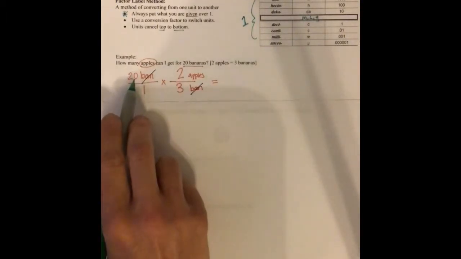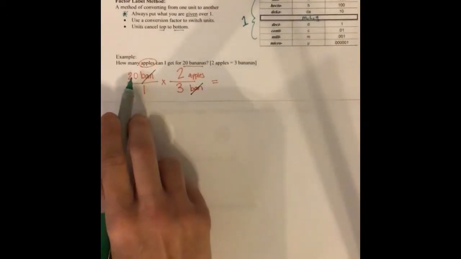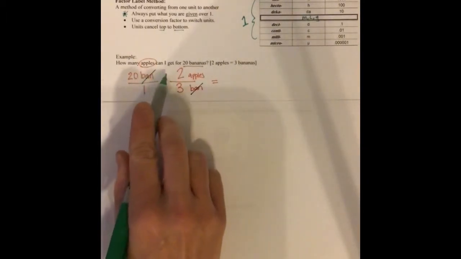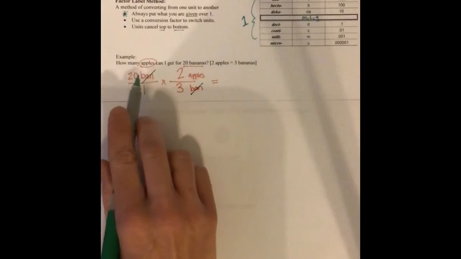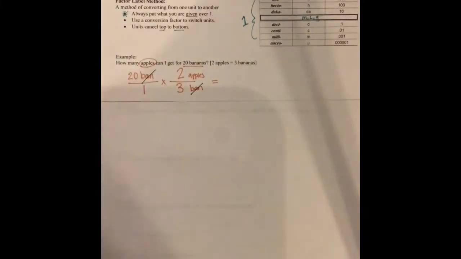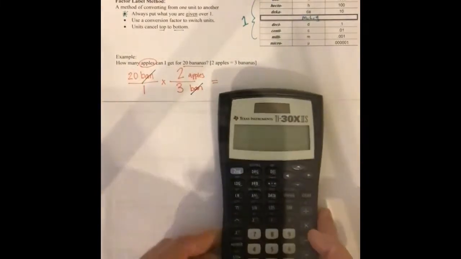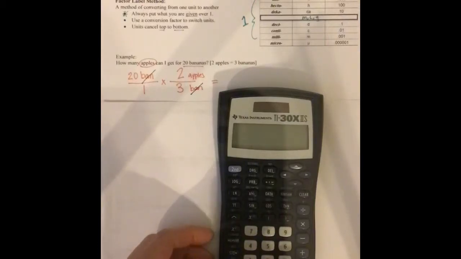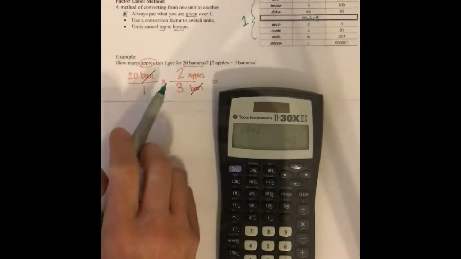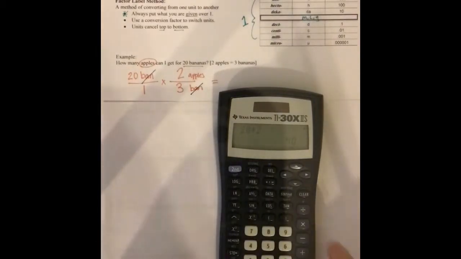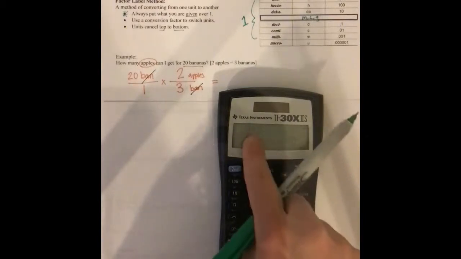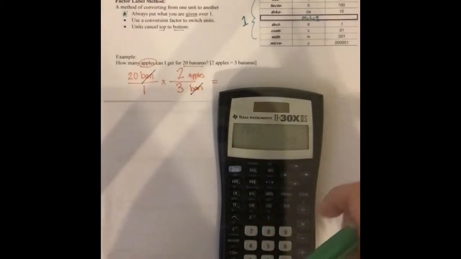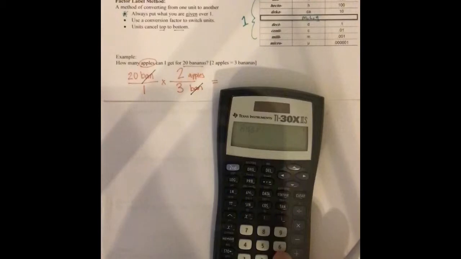Okay, so if you were to punch this in your calculator, you're going to multiply straight across on your numerator. 20 times 2. You can probably do that in your head, but let's plug it in just so we can do it together. 20 times 2. And then you divide by 3 after you've pressed equals.